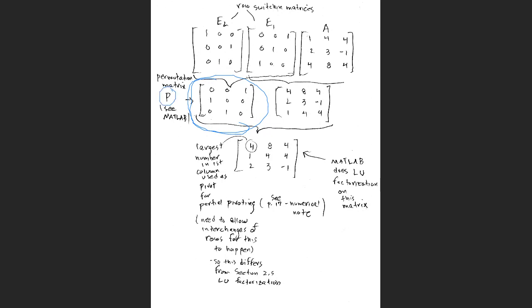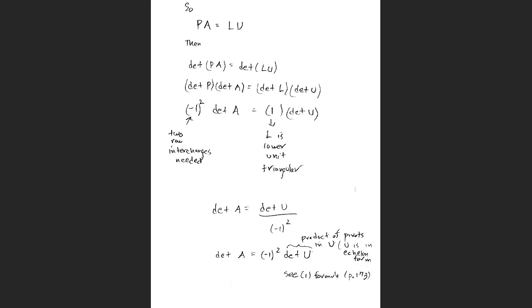And we have the matrix A. And we know that P times A equals L times U. Based on that matrix equation, we can see how easy it is for MATLAB to compute a determinant.